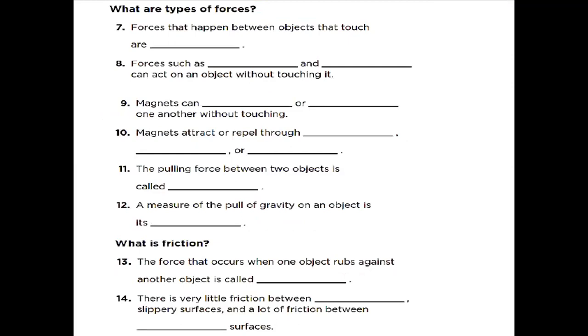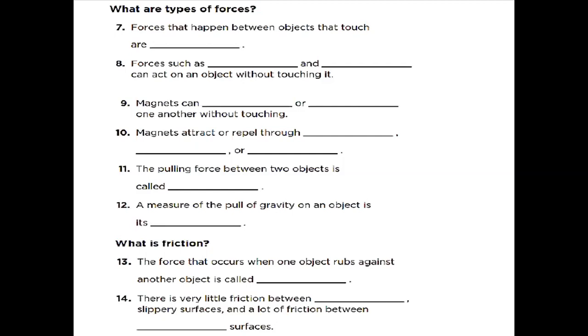They are non-contact forces. Number nine, magnets can do what to one another without touching? Magnets can either attract or repel. And when we say repel, it doesn't mean they will be repelled; no, they will not be attracted from the beginning. Number ten, magnets attract or repel through solids, liquids, or gases.